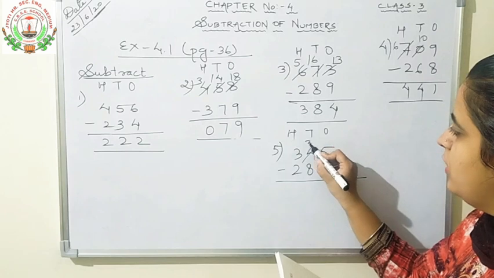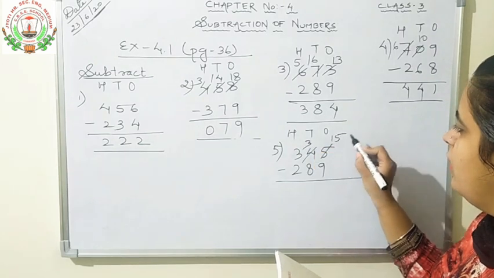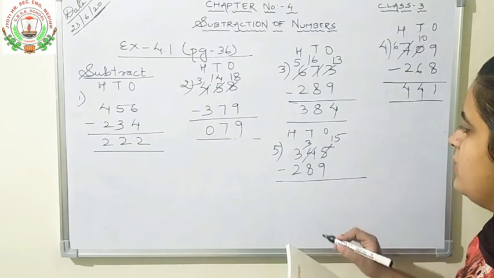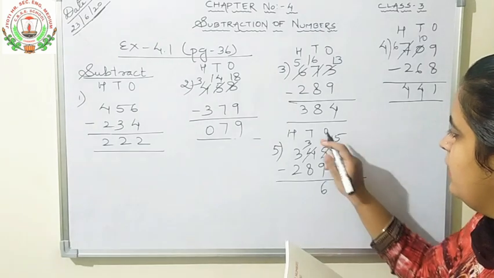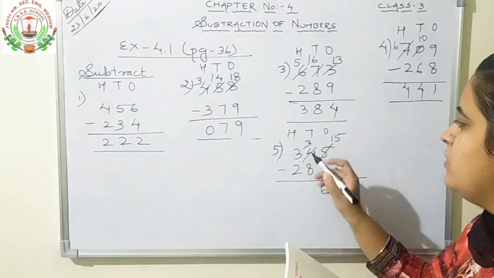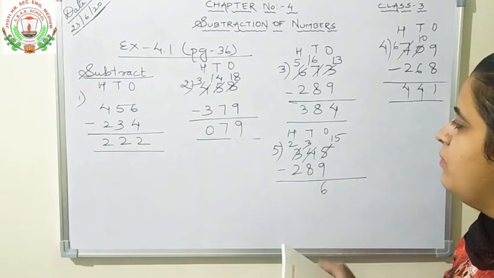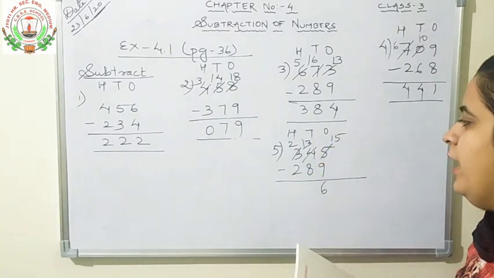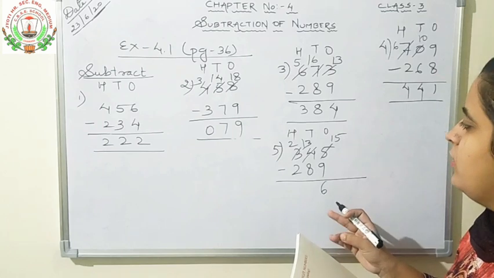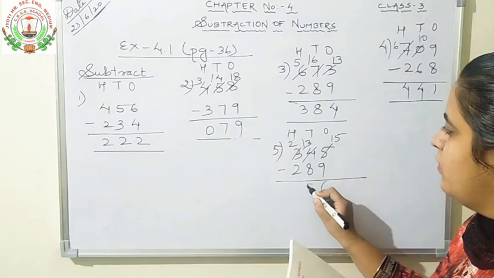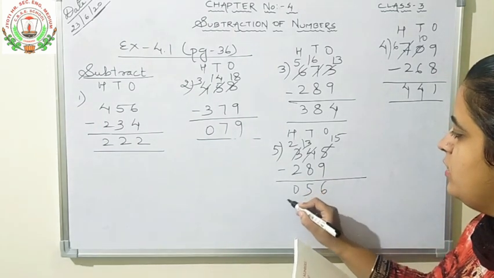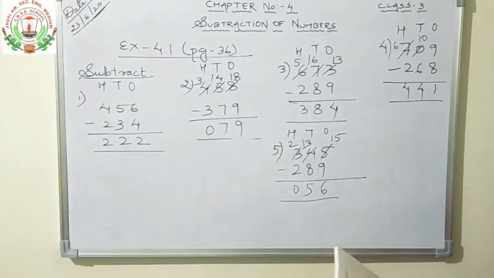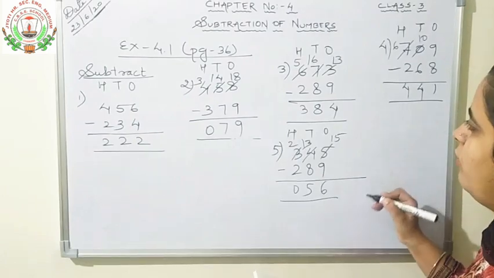It will become 3 and this will become 15. 15 minus 9 is 6. 3 minus 8 is also not possible. So again we will take a carry from here. It will become 2 and this will become 13. So 13 minus 8 is 5. And 2 minus 2 is 0. So this is our answer for question number 5. Now like this only you have to solve all the questions.